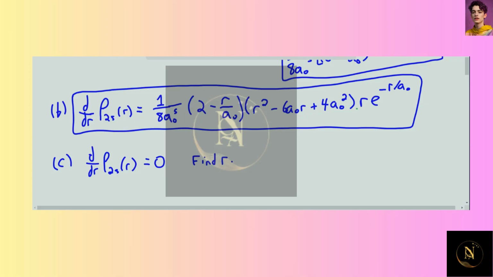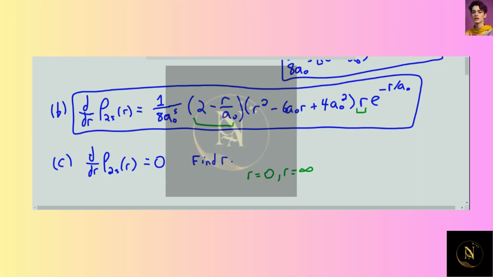One of them is r equals 0. It also goes to 0 when r goes to infinity. And looking at this term, if that equals 0, the whole thing goes to 0.